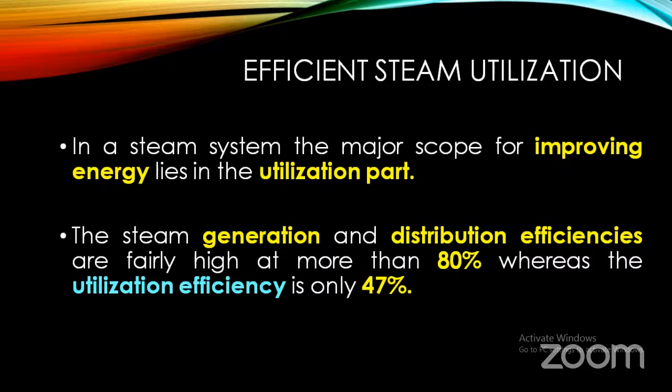So in the steam system, the major scope for improving the energy lies in the utilization part. The steam generation and the distribution efficiency are very much higher than the utilization efficiency. Generation and distribution efficiency is almost 80%, whereas the utilization is only 47.